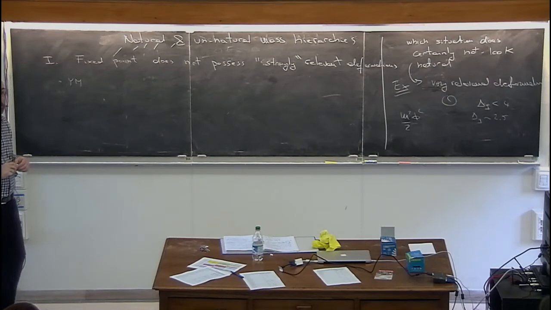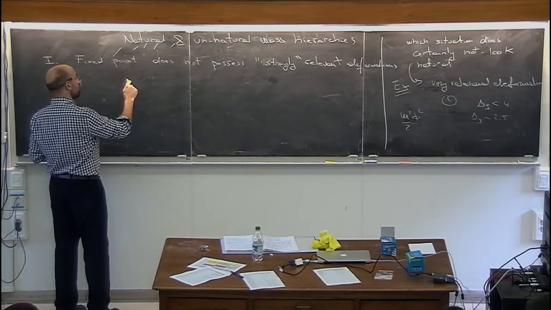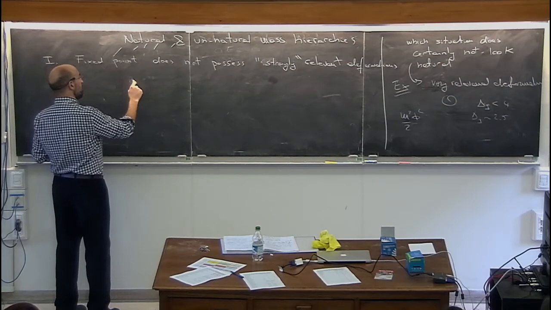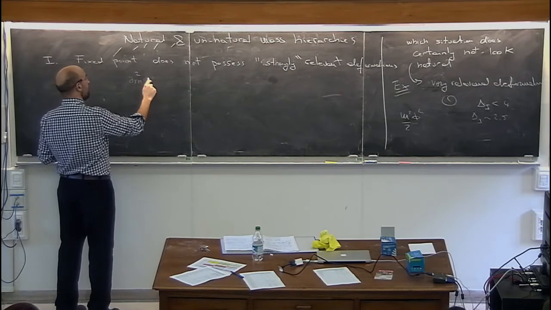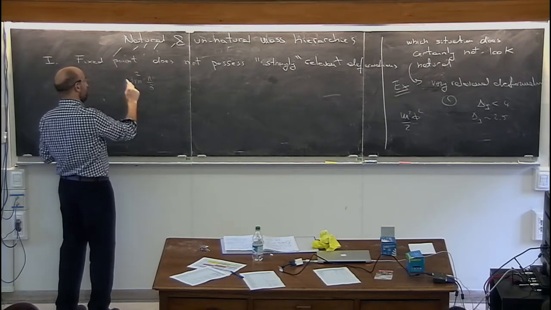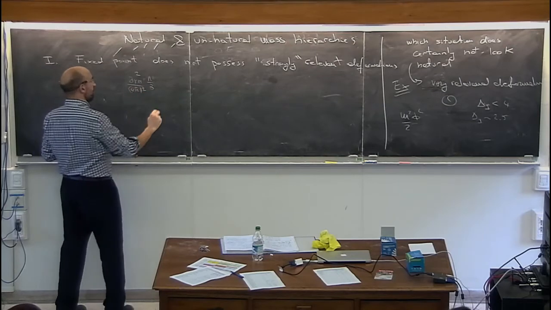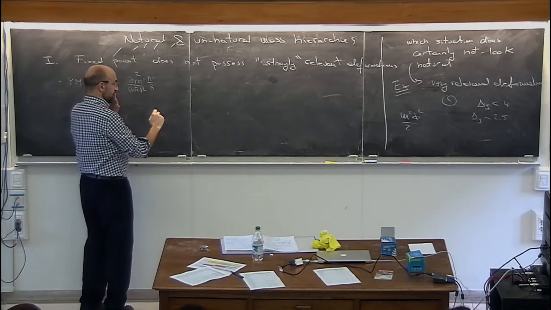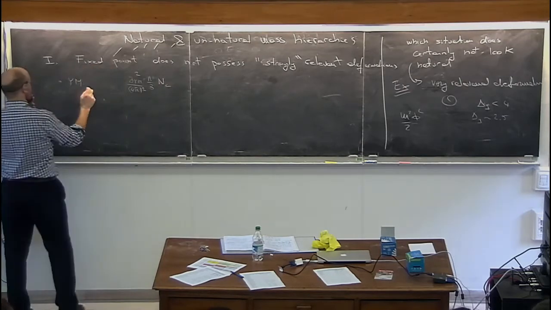Okay, Yang-Mills theory, if I have all computations correctly, in terms of the parameter g Yang-Mills and color, let's say SU(N) Yang-Mills.